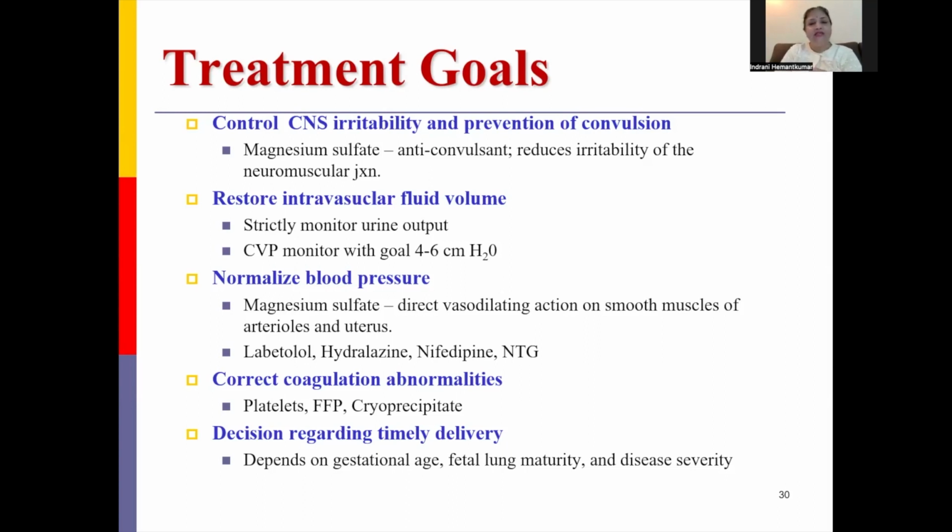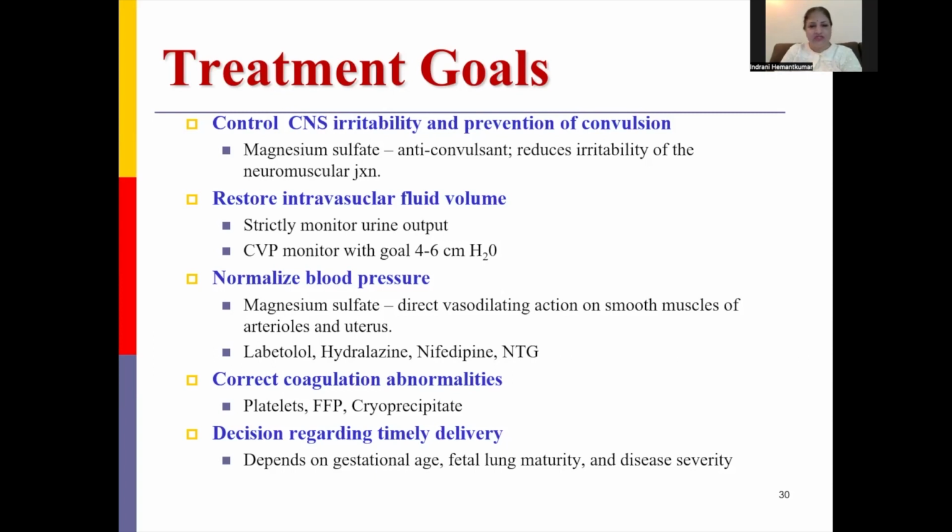Second important thing is restore intravascular fluid volume. As I said, there is intense vasoconstriction, so the fluid volume is much less, so the urine output will be less. You have to strictly monitor urine output. And CVP, I would not give so much emphasis to CVP, but remember, CVP, you have to maintain at least about 6 centimeter of water.